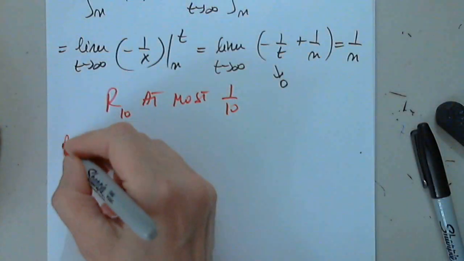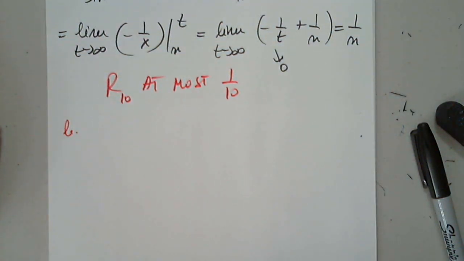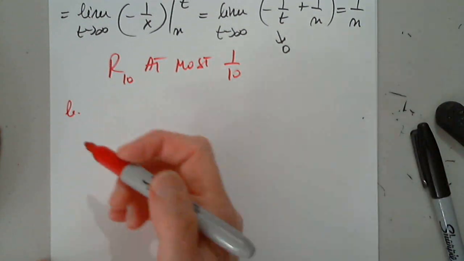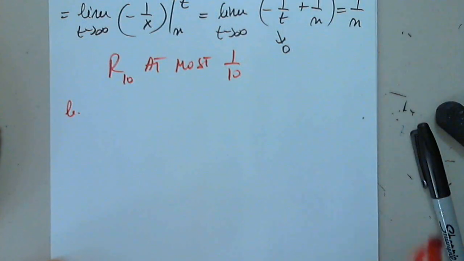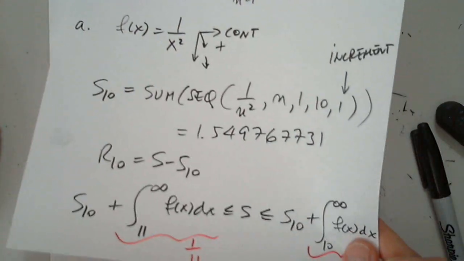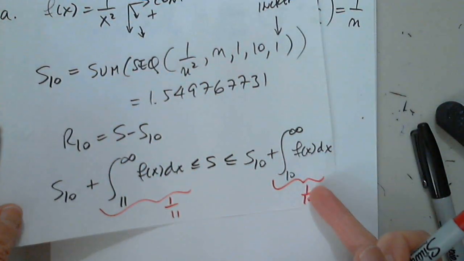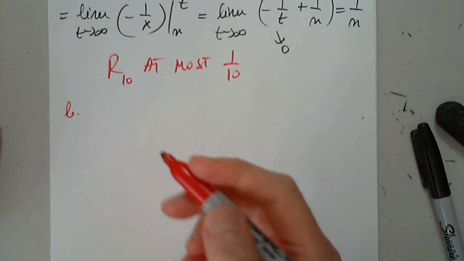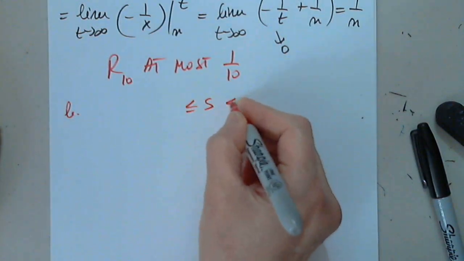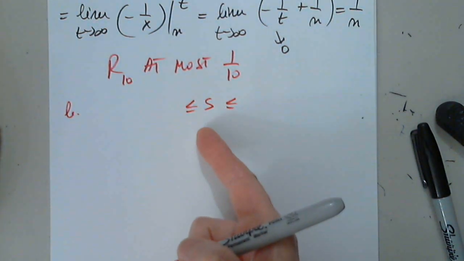Now in part B. So we finally get to B. It says improve this estimate with n equals 10. In order to improve the estimate, I replaced S sub 10 in this error formula, or approximation for the sum of the series.